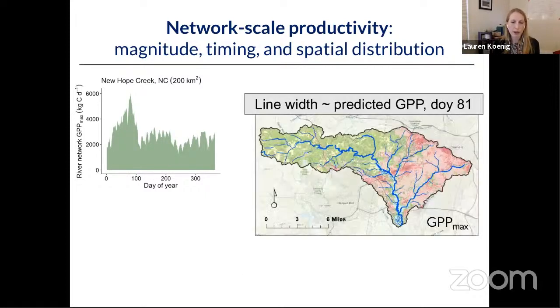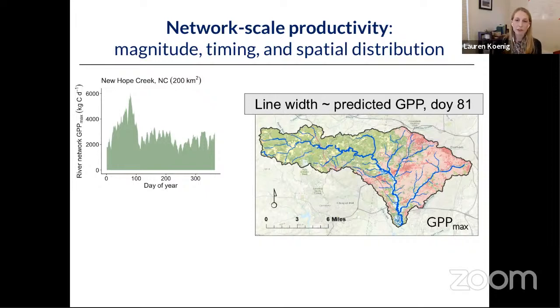Here I'm showing a map of the watershed again, but this time the flow lines are weighted by the values of GPP max on approximately day 80, which is the peak network productivity for the year. When we consider the spatial distribution of potential productivity, we see that the lines are fairly uniform. It seems like there's a spatially uniform contribution of GPP throughout the watershed.